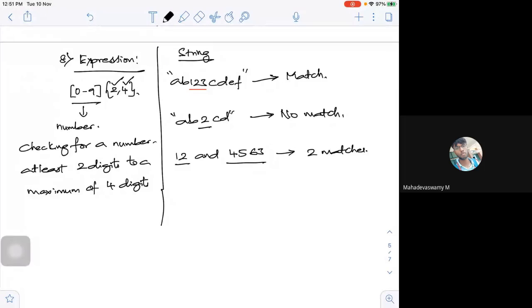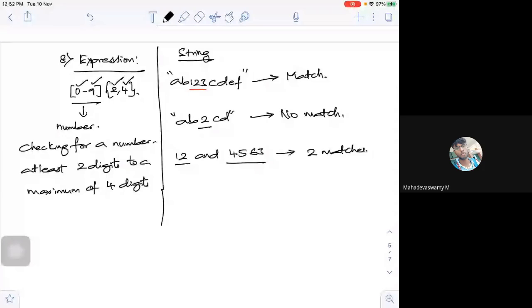I'm checking for any number between 0 and 9. That is the meaning of it, that's what I have put in the square bracket. Any number between 0 and 9, and that number should be a minimum of 2 digits and a maximum of 4 digits. So if you look at the string, 12 and 4563, I am getting 2 matches.